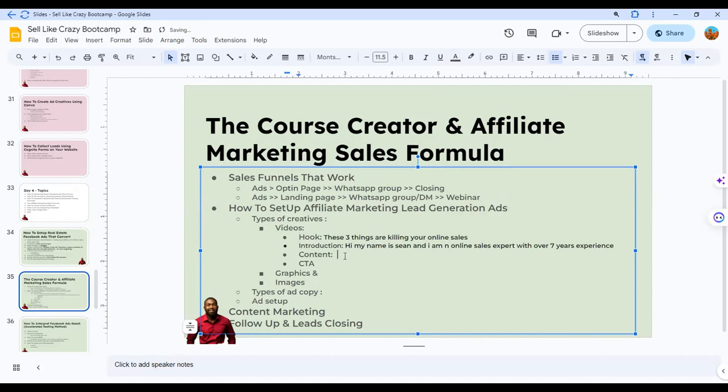So now the next thing is to put your content. You've told them 3 things that are actually harming their business. So the next thing is you want to tell them what those 3 things are. So thing 1, thing 2, thing 3, whatever it is.